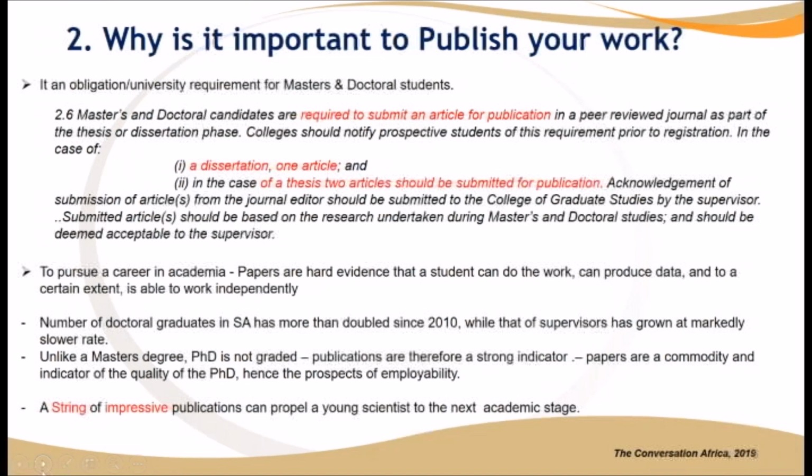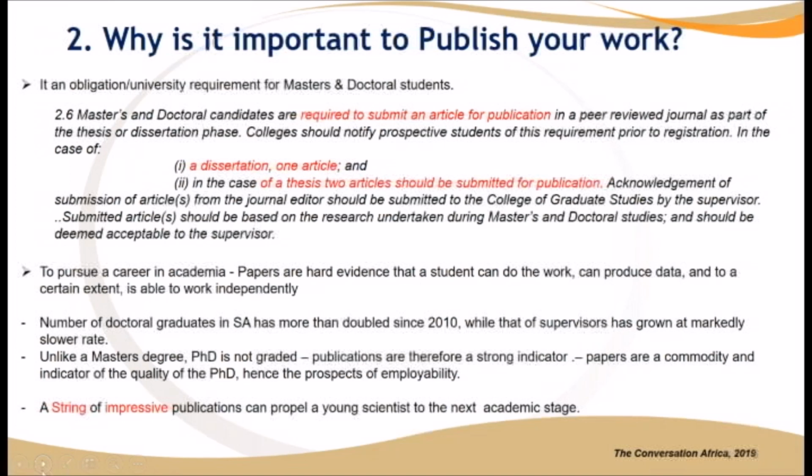So unlike a master's degree, a PhD is not graded. So at the end of your PhD, you don't get a mark, a 60 or a 70%. No, you are not graded. What happens is that you either get a pass or you do not pass. So publications therefore become a strong indicator that the candidate can do the work. So they are an indirect reflector on the quality of your PhD.